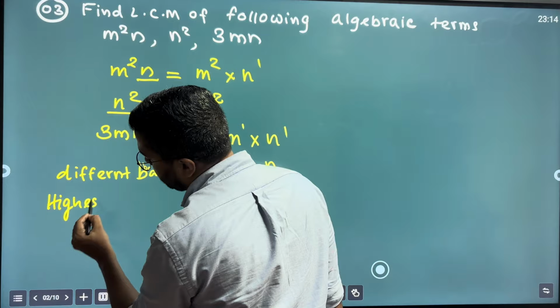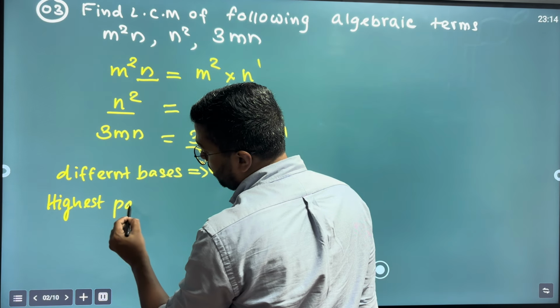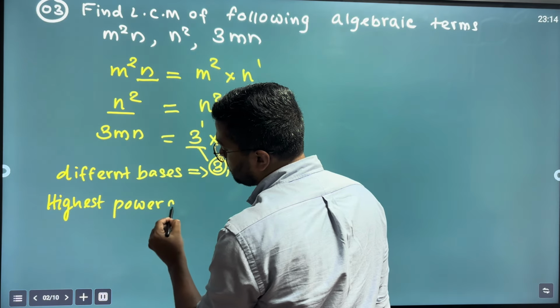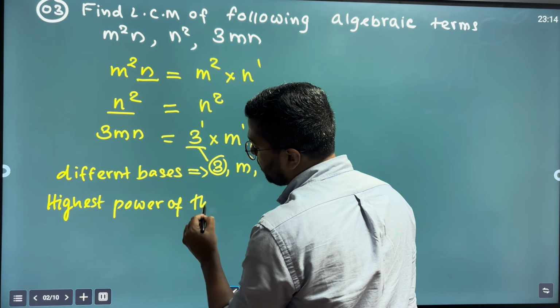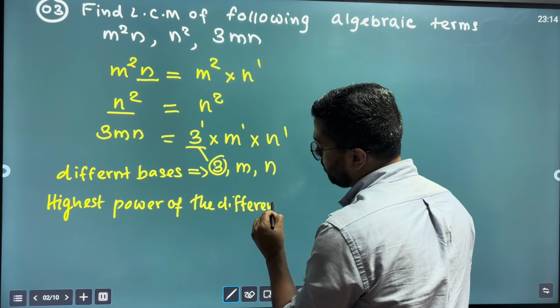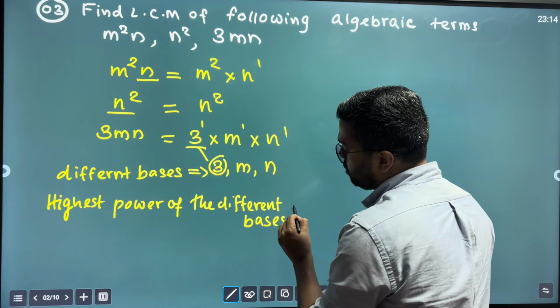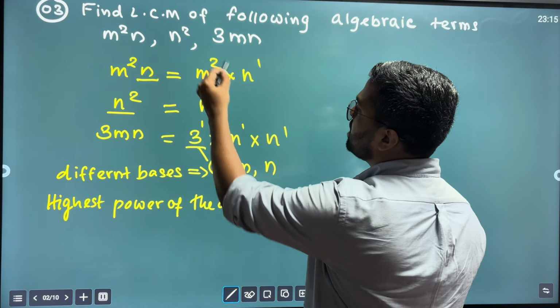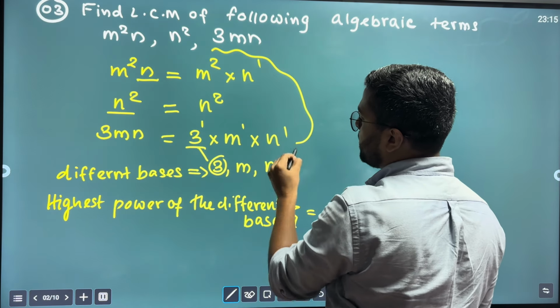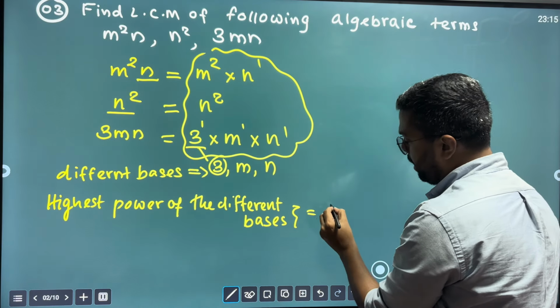This is what we need to know: the highest power of the different bases. What is the highest power of the different bases we have selected? For the number 3, we have only 3 to the power 1.